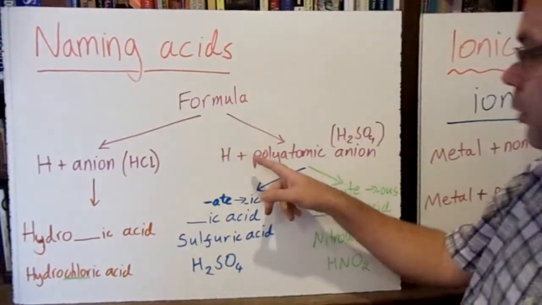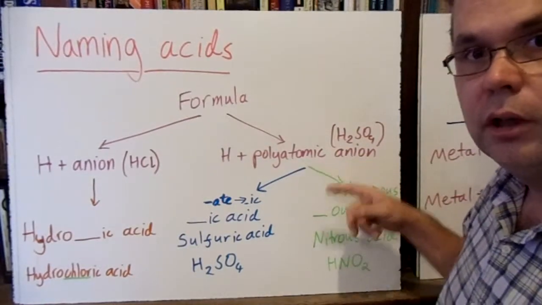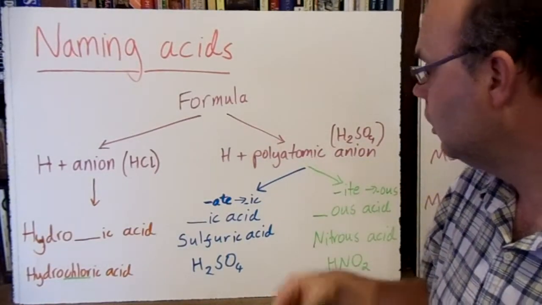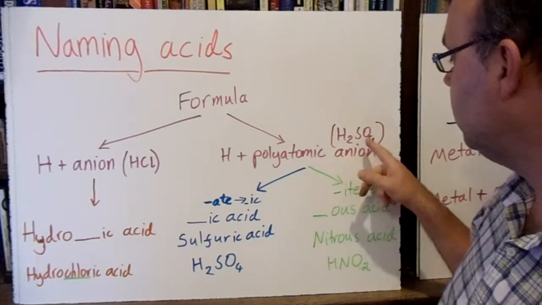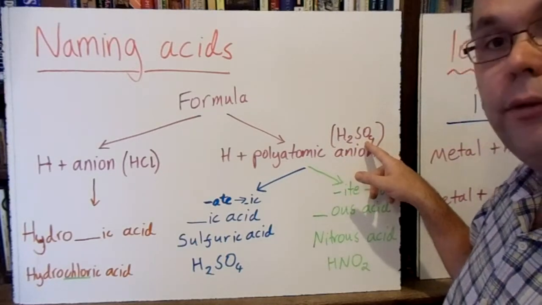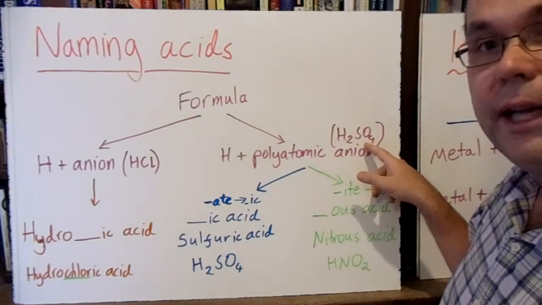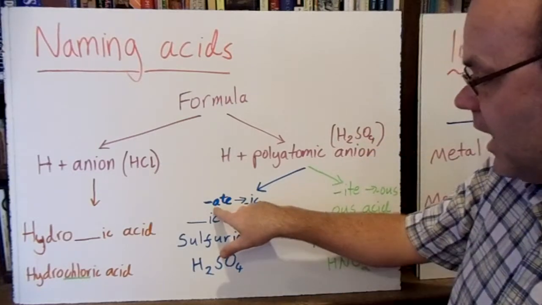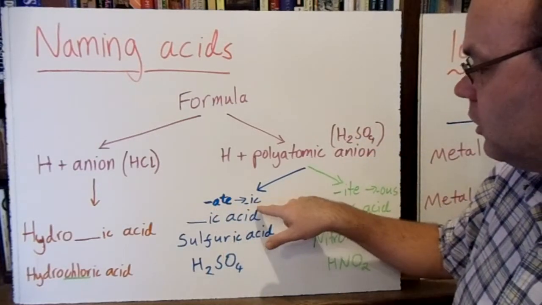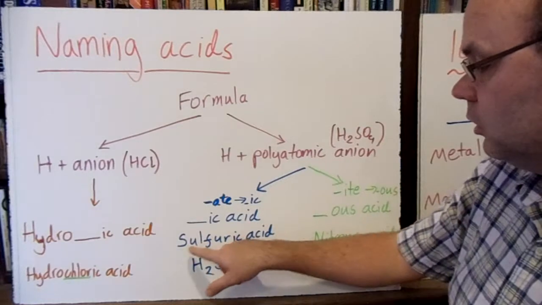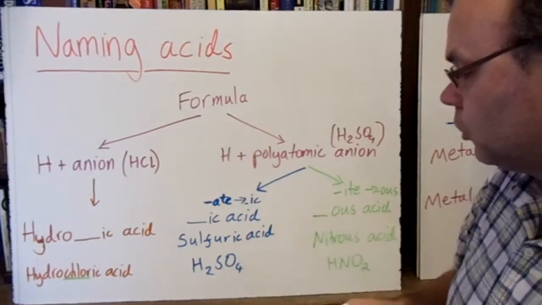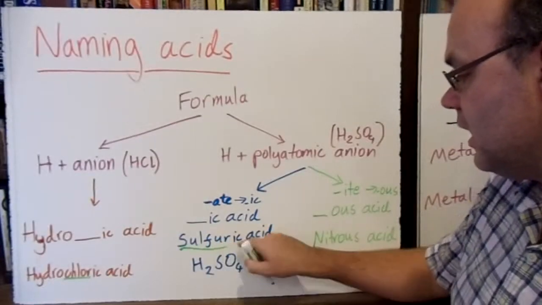Now if we've got a polyatomic anion, we've got another choice to make. We need to look at the anion. Here we've got sulfate, SO4. That's sulfate. If it's an ate anion, we change the ending to ic. So we say it's sulfuric acid.